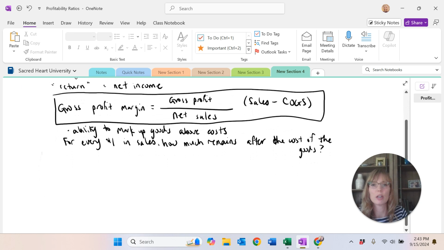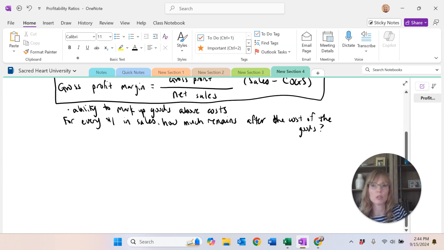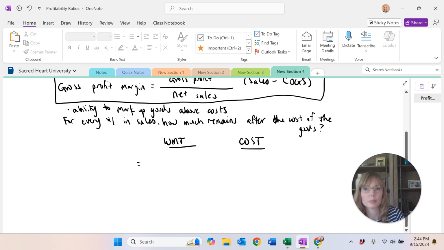All right, so let's look at our numbers for Walmart and Costco and see which one has a better gross profit margin. For Walmart, sales are 642,637, cost of goods sold 490,142, and sales 642,637.